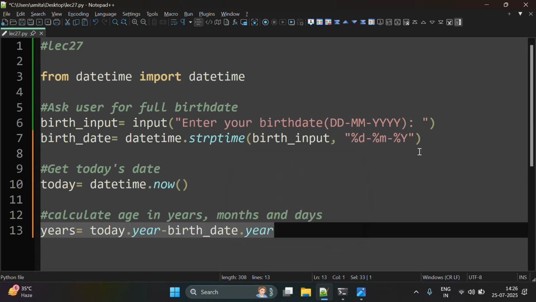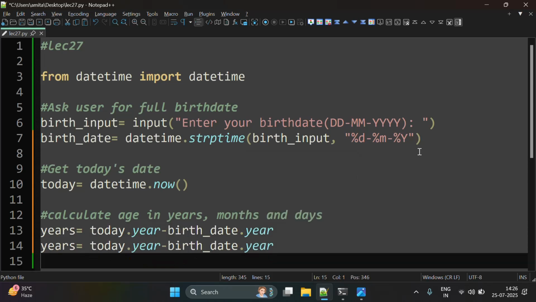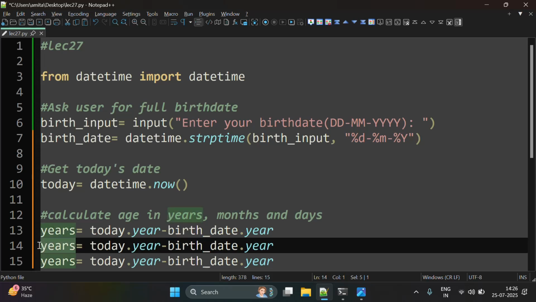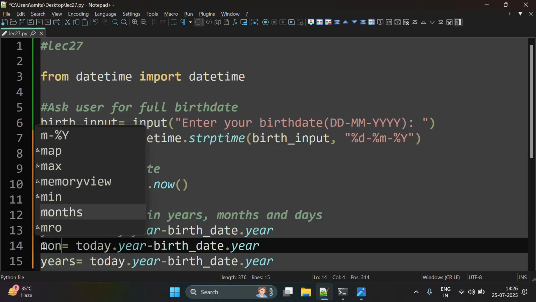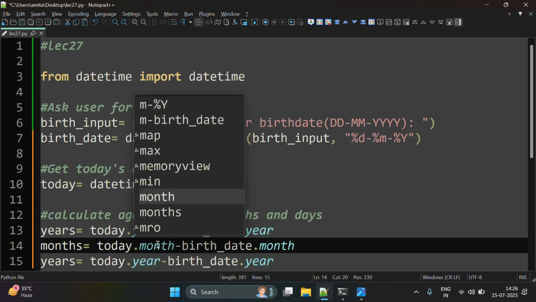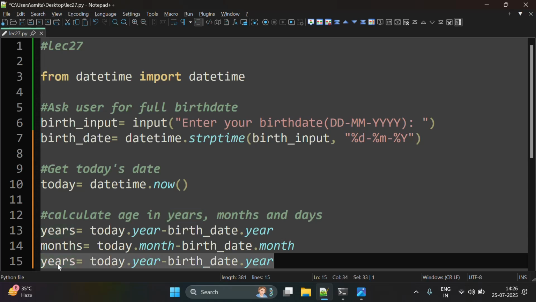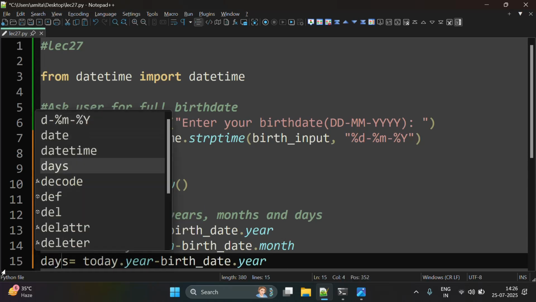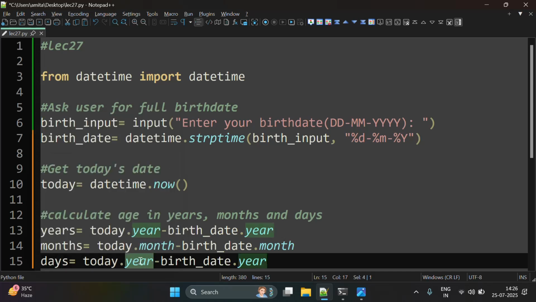Shift home, Control C, Control V, and then here, what are we going to write? The month, again month, and here is days, and here we will write day.